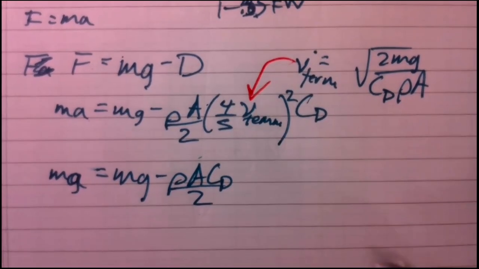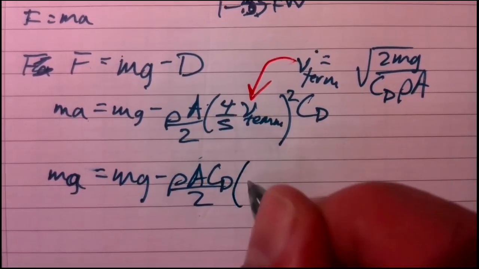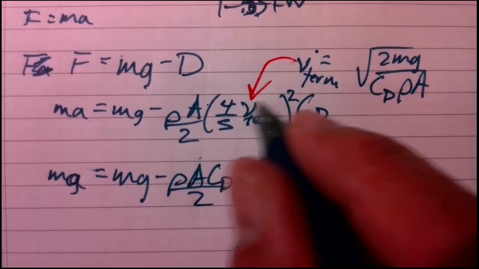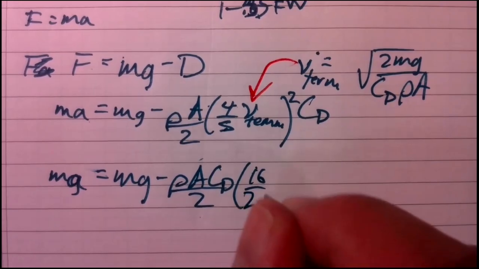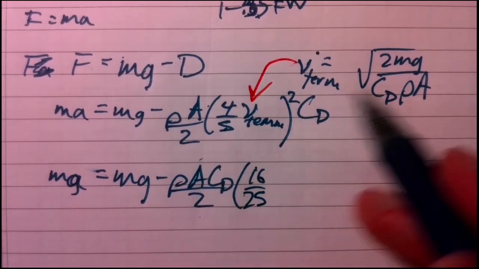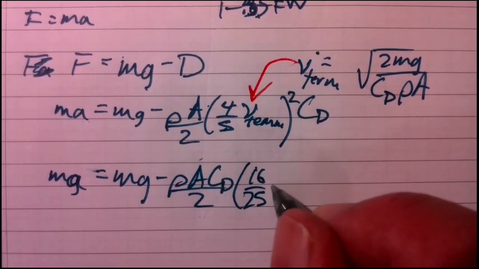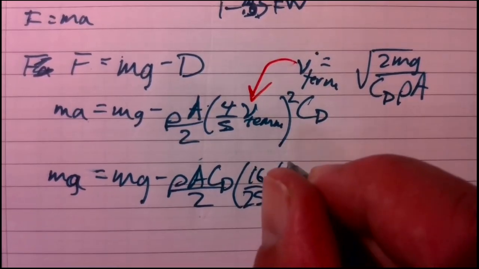Well, now some things are going to cancel. I've got 4/5 here, so that is going to be 4 squared is 16, and then down here, 5 squared is 25. Then I finish substituting in here, and everything in here is under a square root symbol, so I'm going to put that in.